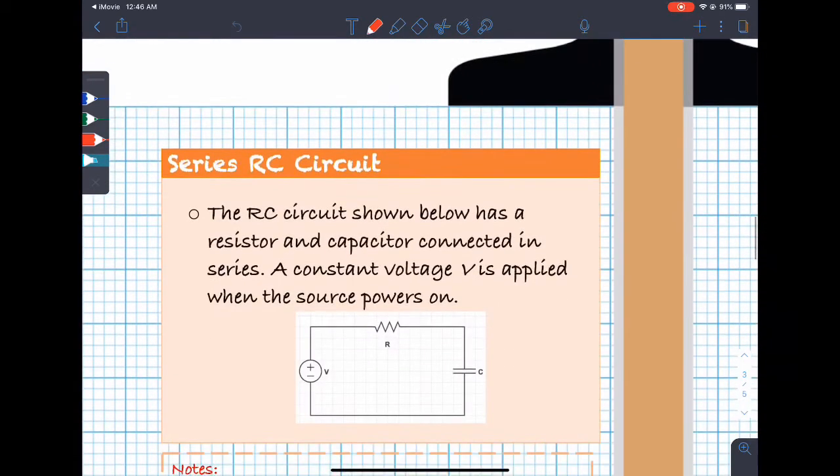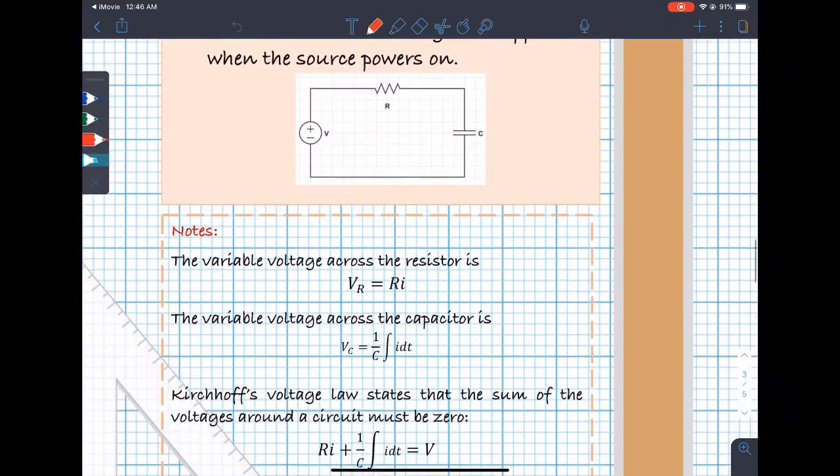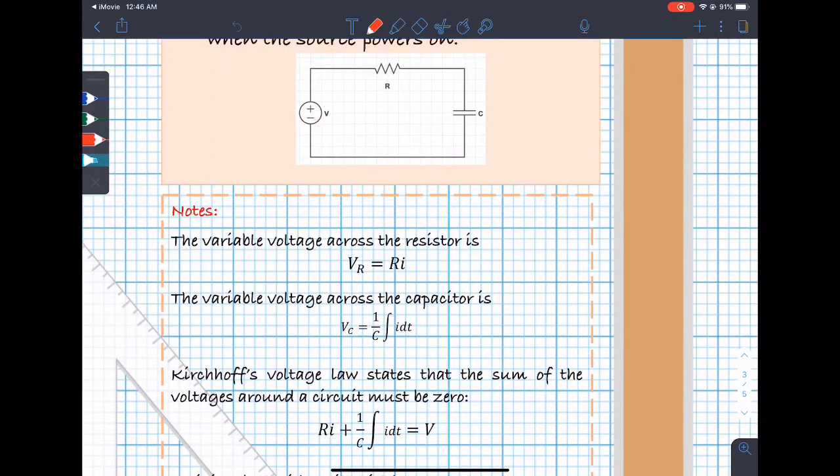And then for a series RC circuit, we could have the voltage across the resistor to be Ri, and the voltage across the capacitor, which is 1 over C times the integral of i dt.